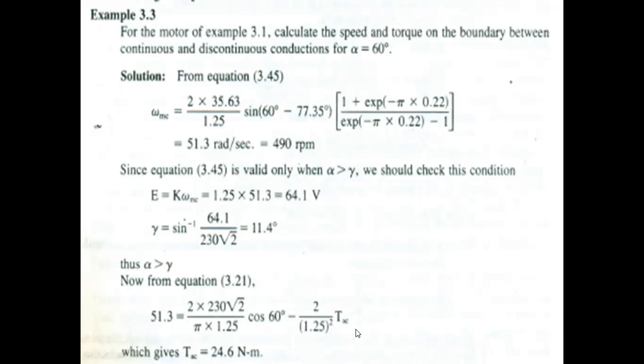The remaining terms are all known to us. So if you substitute the values of the known terms here, you will get the value of TA. Finally, TA becomes 24.6 newton meters. This is the third problem. Next.